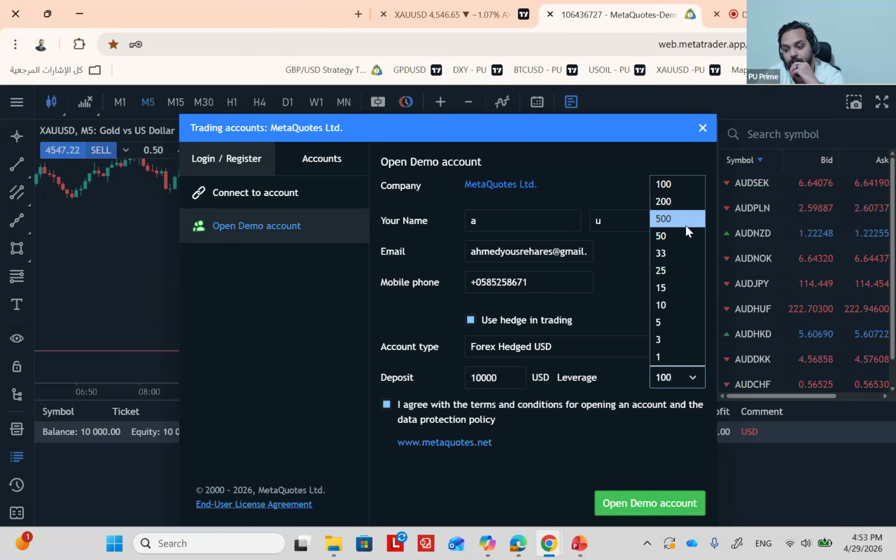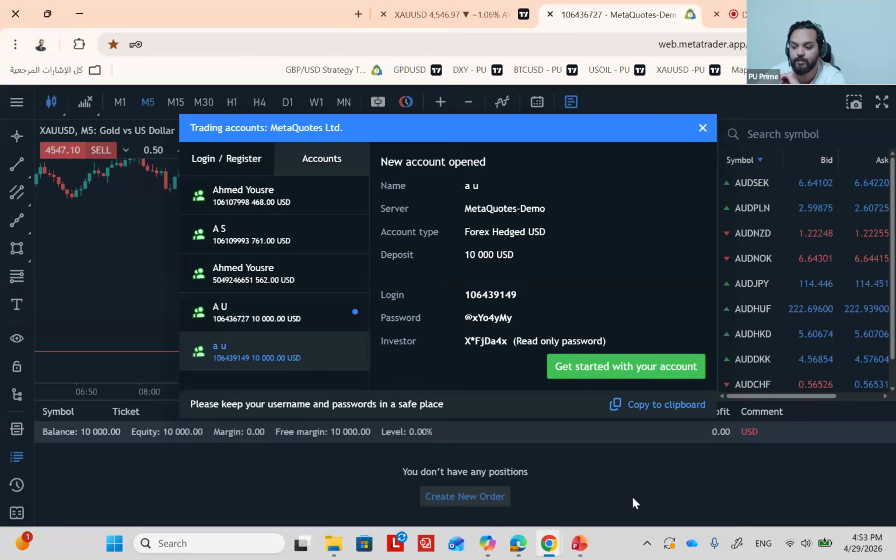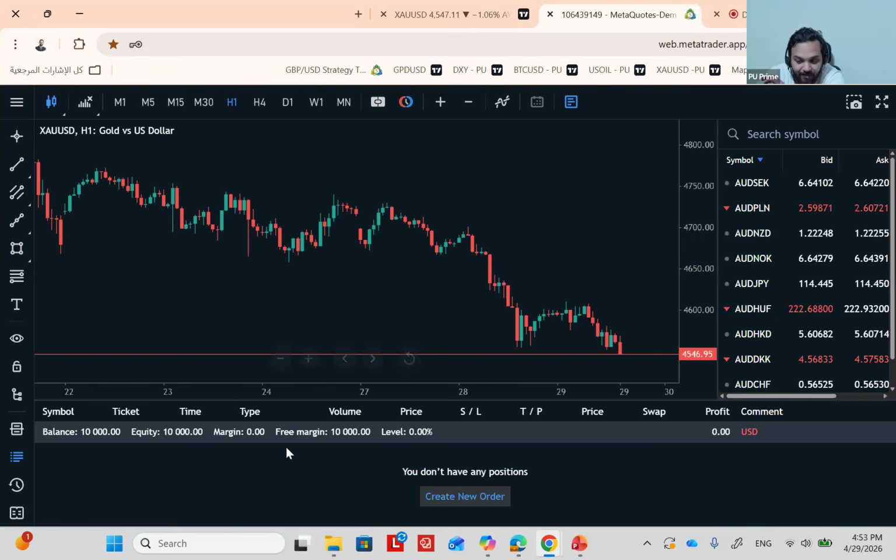If you choose a leverage of 1, this means that you only have the $10,000. If you choose 500, let me open the demo account and see how much I have. I still have the 10,000, but on your mind it is as if you have 100,000. So you can buy more positions. You can open more lots.